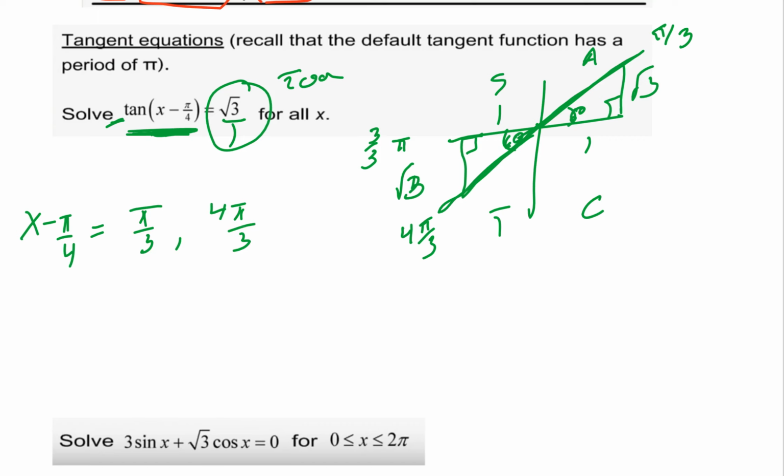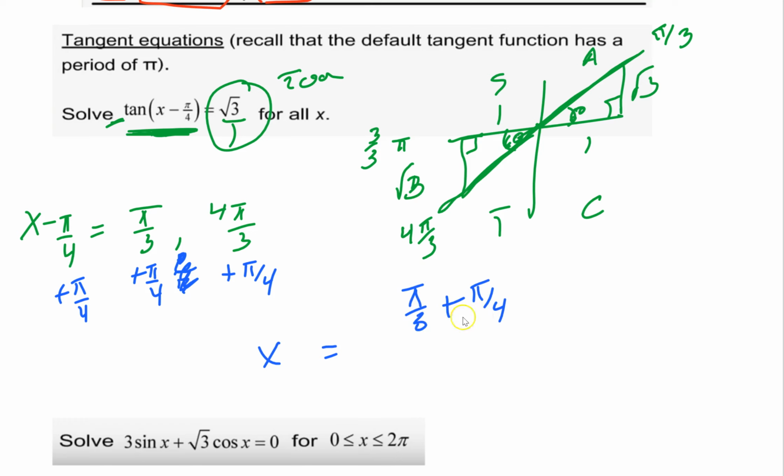How do I solve this? Well, just math. Add pi over 4 to both sides. That part kind of sucks. You have to do common denominators, but pi over 3 plus pi over 4, common denominator would be what, 12? Let's do it over here. So I have pi over 3 plus pi over 4.